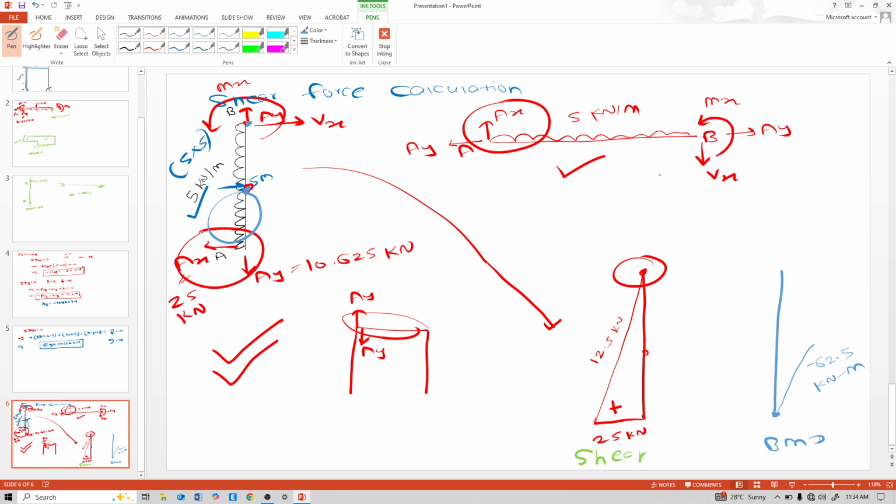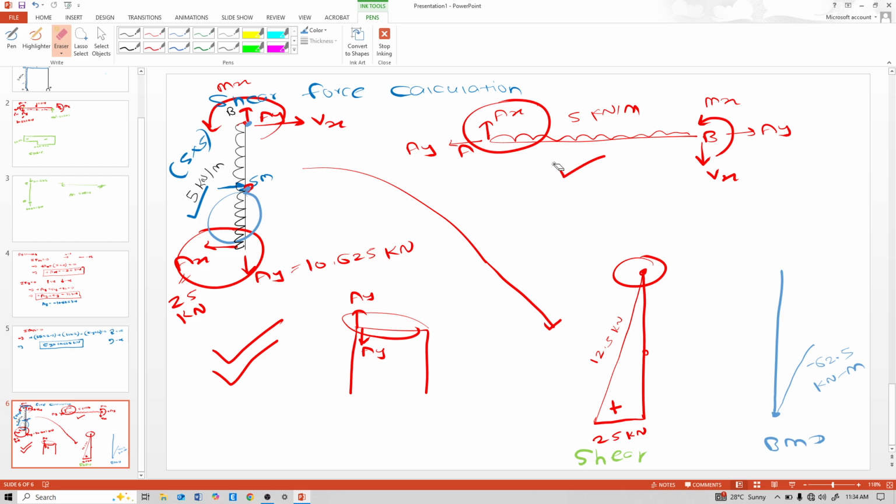This is anti-clockwise, so again minus 5. So see, consider this AX reaction also.